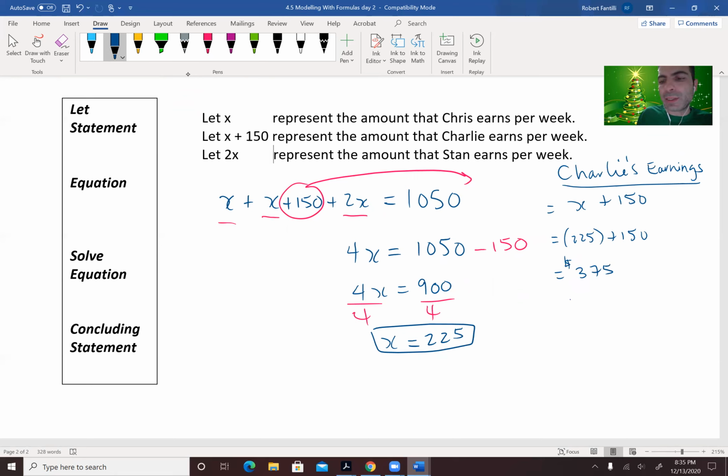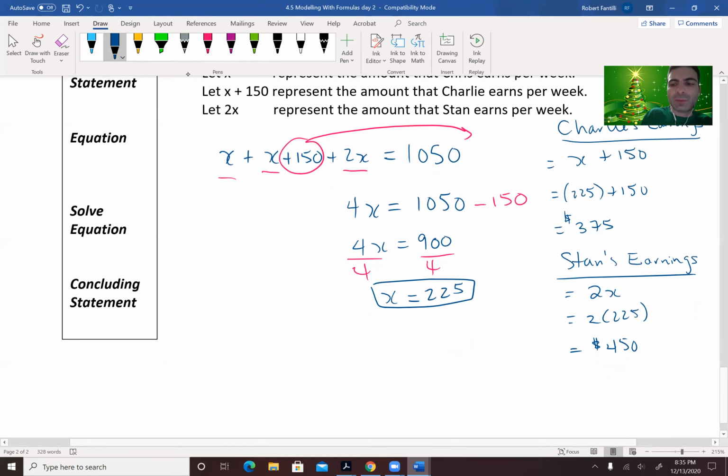Okay, and then Stan's earnings, the last guy, he's equal to 2X. So it's equal to 2 times 225, which is $450. We still have to put the therefore statement, boys.